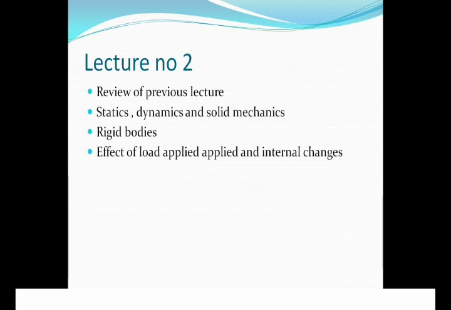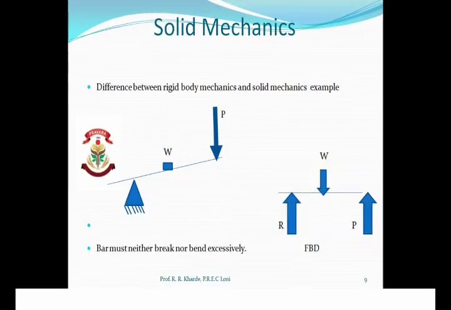Now we have to see with an example what are the things that we can go for analyzing these effects when we go for a particular example of a lever. Now with the example of a simple lever shown in figure, we will see the difference between the rigid body mechanics and the solid mechanics.